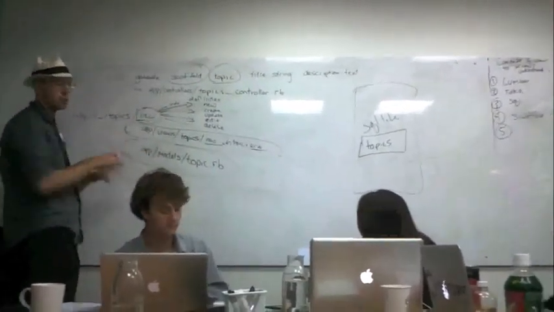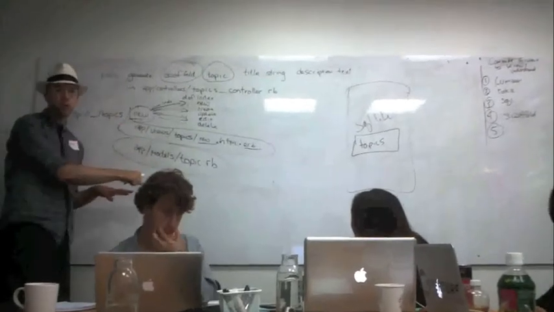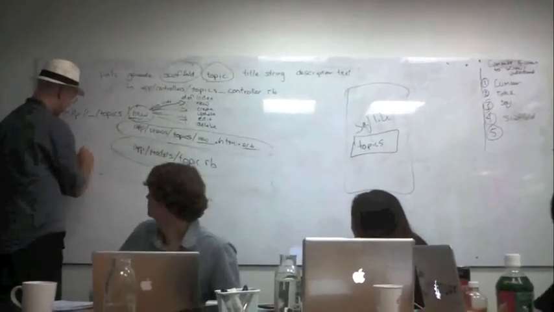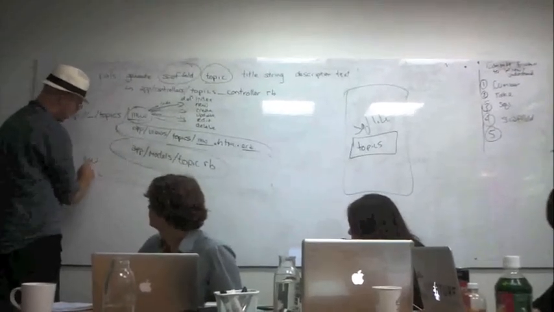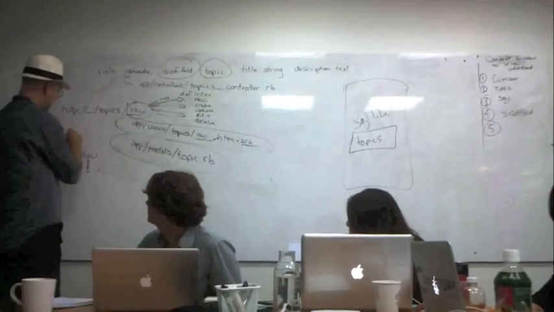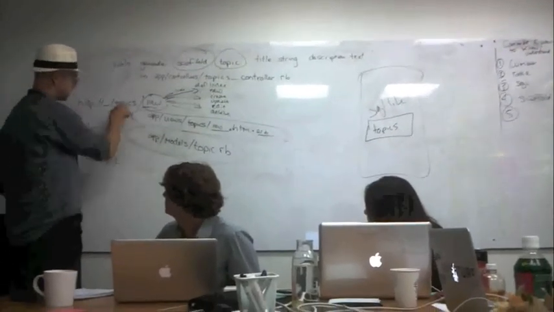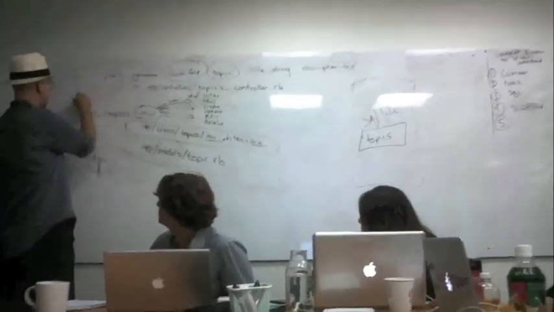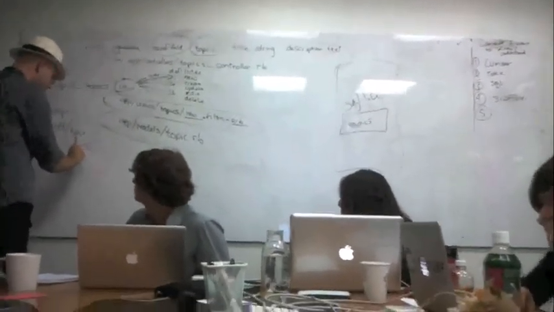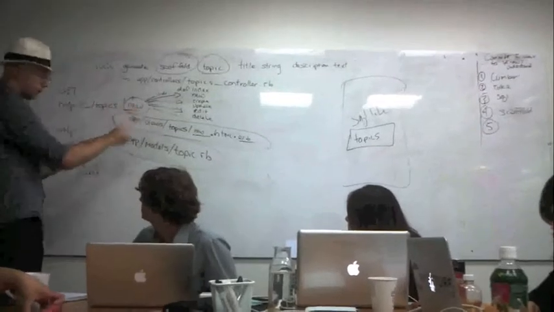Okay, so now if we go to topics new and we type something in and we push the button create or submit, we do a get request, HTTP get on the new page. That's what this does. This is a get. And then we go to the new page, we hit submit after typing in stuff.